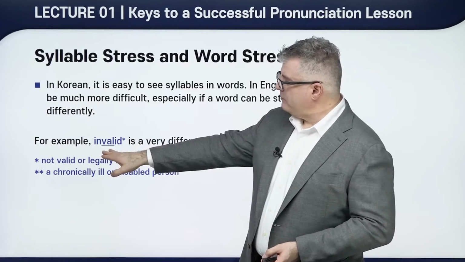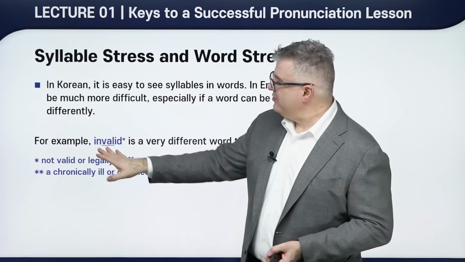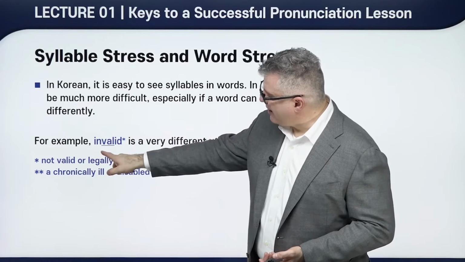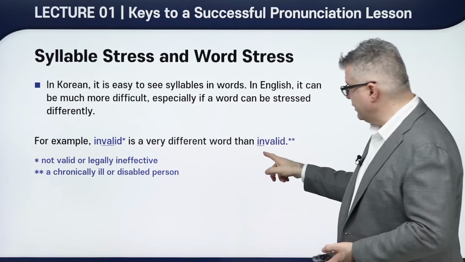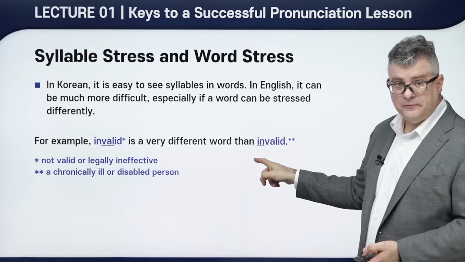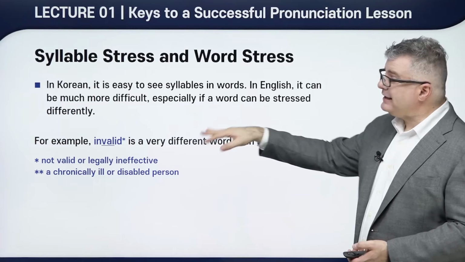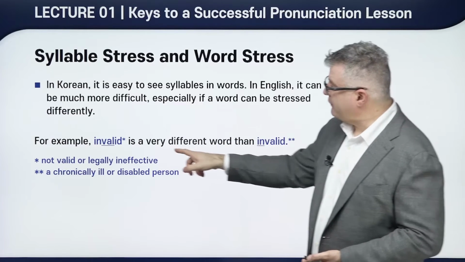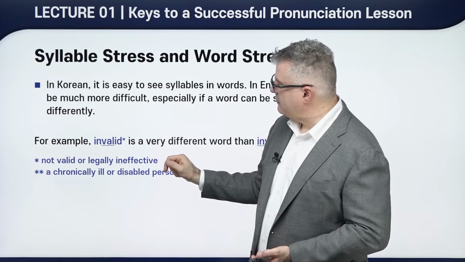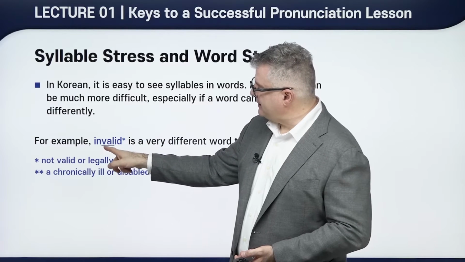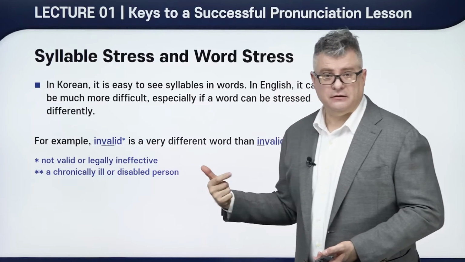So this word here, before I say it, we'll just look at it. This word here, I put the stress underneath where the stress is. And then this word here, the stress is in a different location, okay? So the spelling is the same though. This first one means not valid or legally ineffective. So the stress is on that second syllable, invalid, okay?